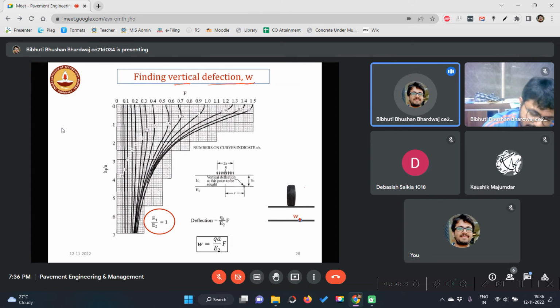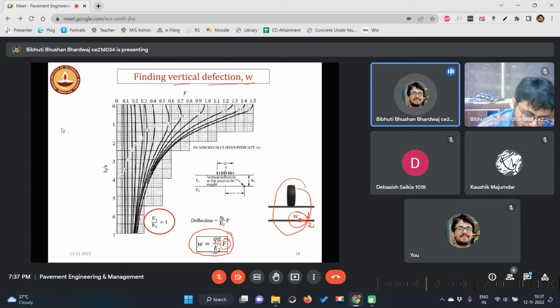So in this kind of scenario, how to find out deflection at the interface of layer 1 and layer 2, that we will find out here. For this, write down this formula: W equals QA by E2 into F. Right? Yes, sir.